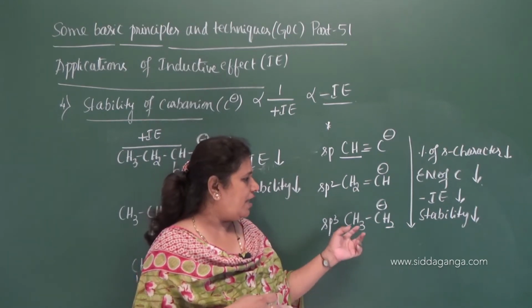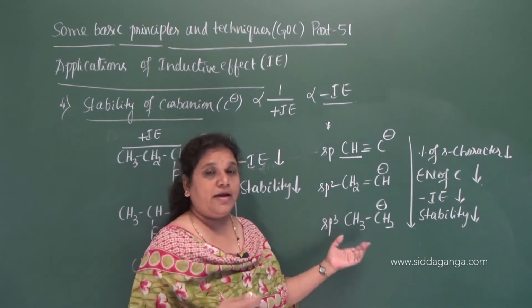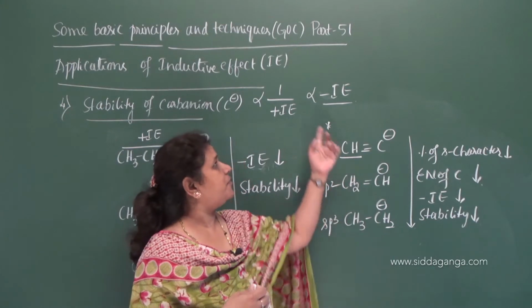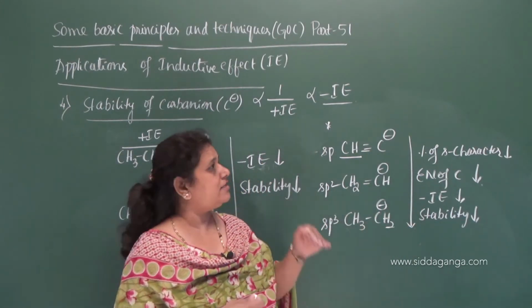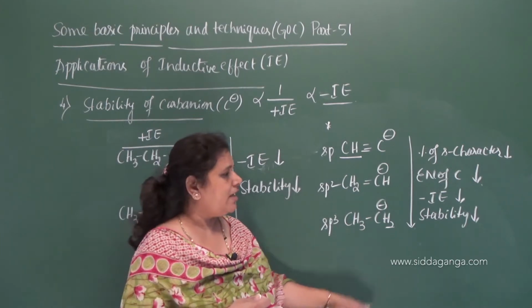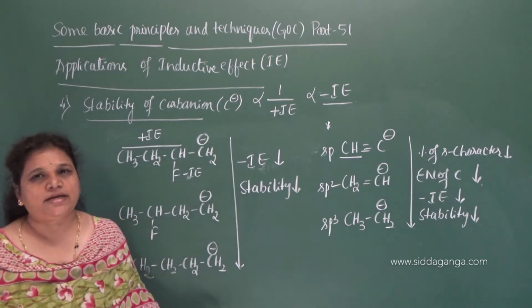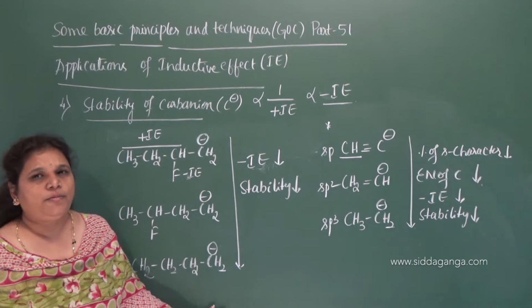So its electron withdrawing capacity is very less, rather its electron releasing capacity is more. Therefore, the positive inductive effect increases, and as the magnitude of the negative inductive effect is less, definitely the stability decreases. Lesser the magnitude of minus I effect, lesser is the stability, because it is directly proportional.